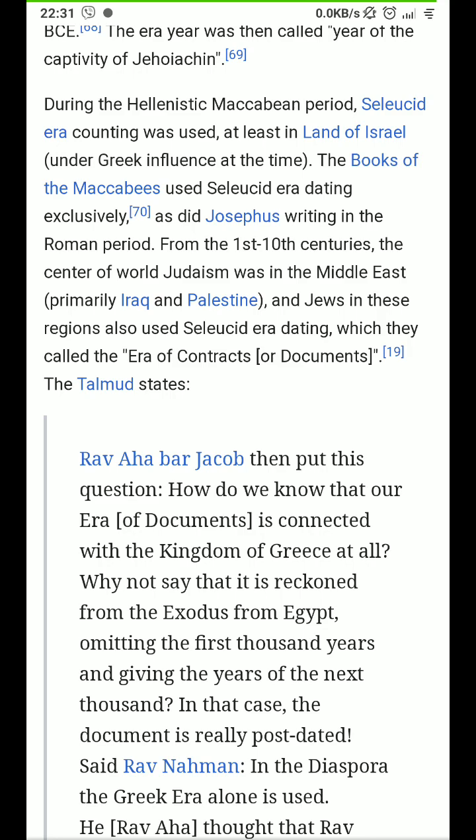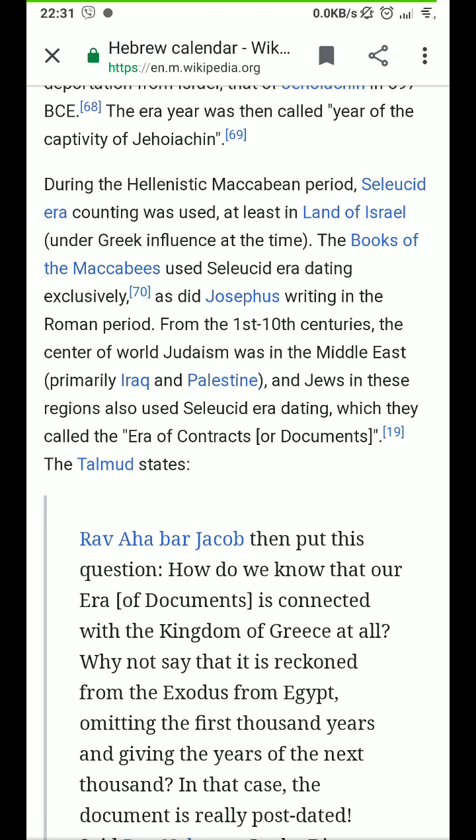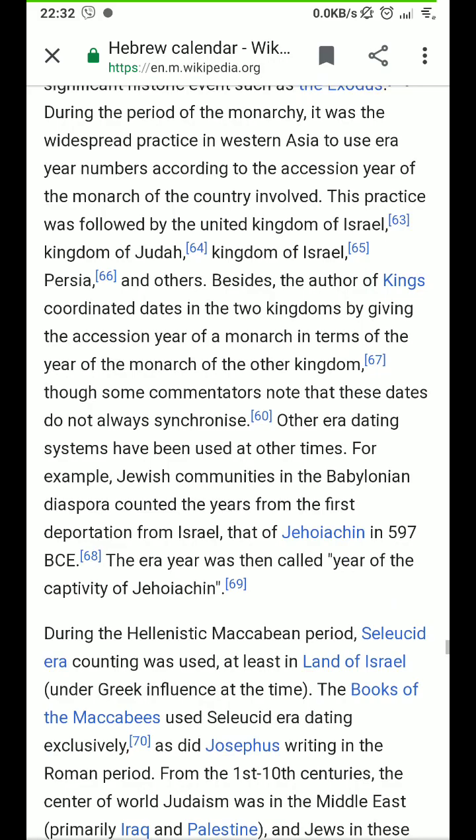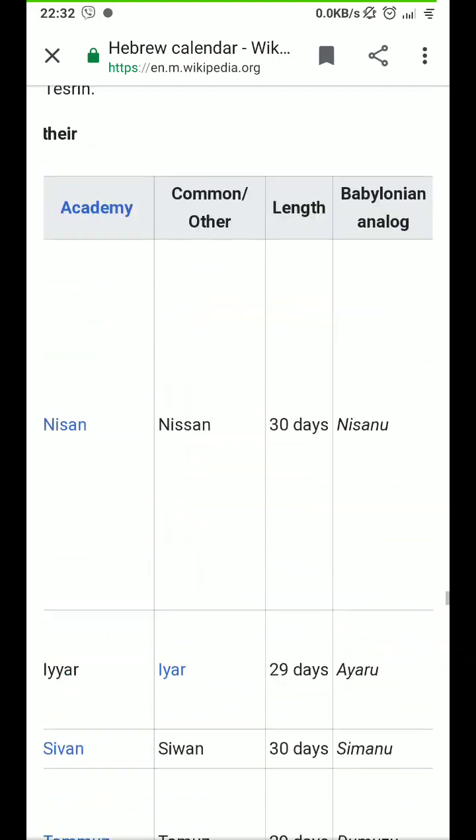So my point from here is that we see a lot of stuff here and we do not see anything from what we see here in the Bible. We don't see any command or any practice of an additional 13th month. We do not see any kind of Metonic cycles. We do not see leap years, etc., etc. So we do not see all of these things in the Bible.